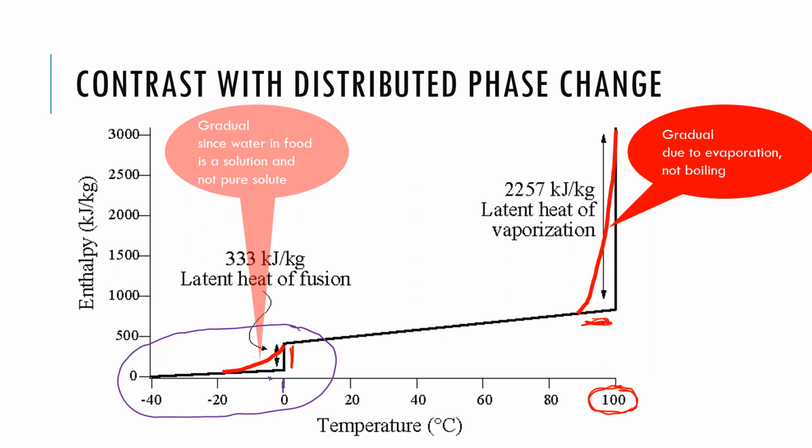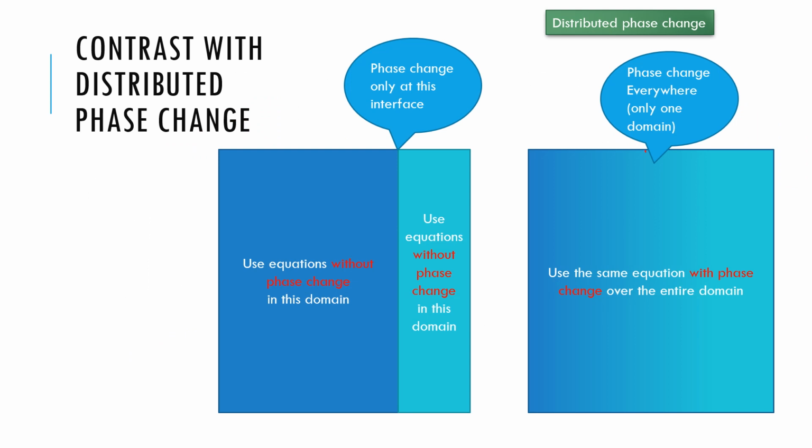That's why we look at the sharp interface formulation as a good approximation. The distributed phase change that happens over a region is more realistic, but the sharp interface can let us analyze the system and look into it with less effort.